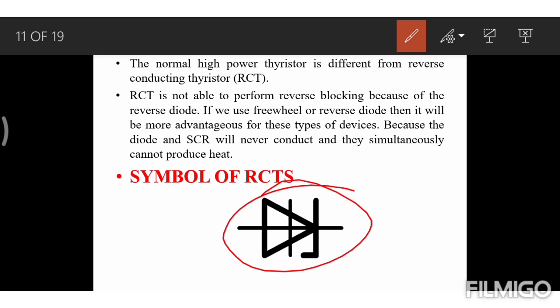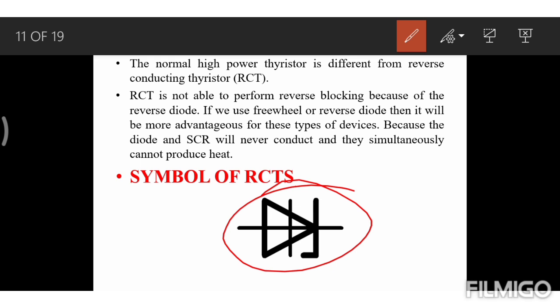If you see the SCR, there are totally three modes of operation. The first one is forward blocking mode, the second is forward conduction mode, and the third is reverse blocking mode. These are the three modes generally operated in thyristors. But the RCT is not able to perform the reverse blocking mode.